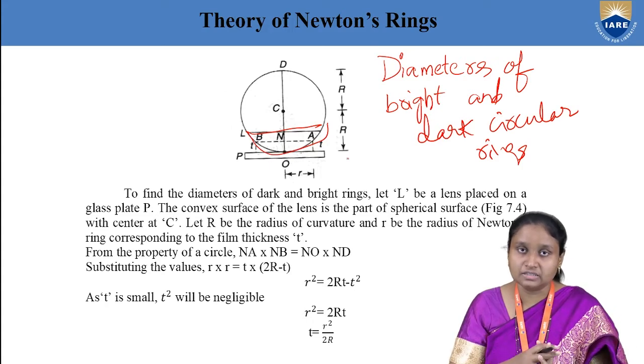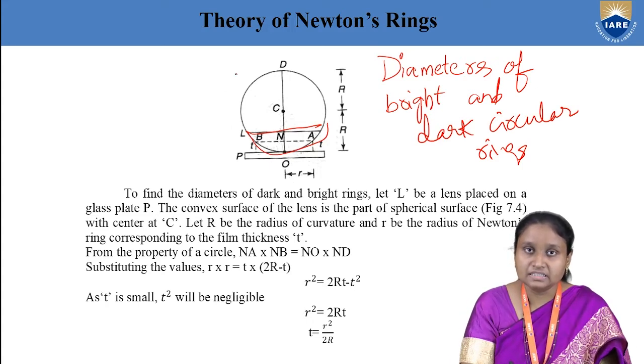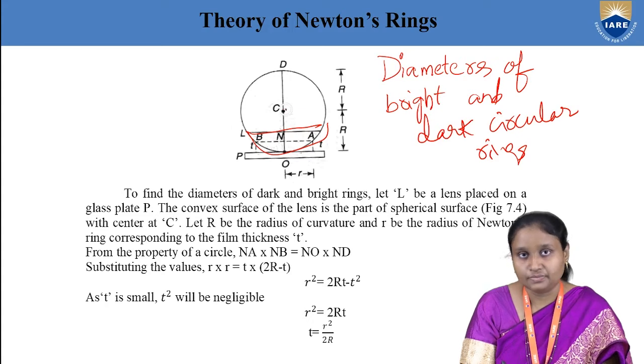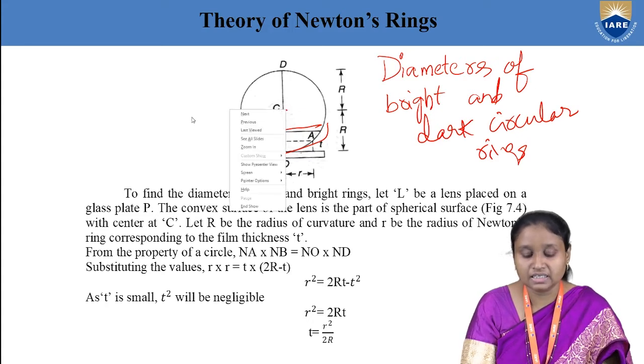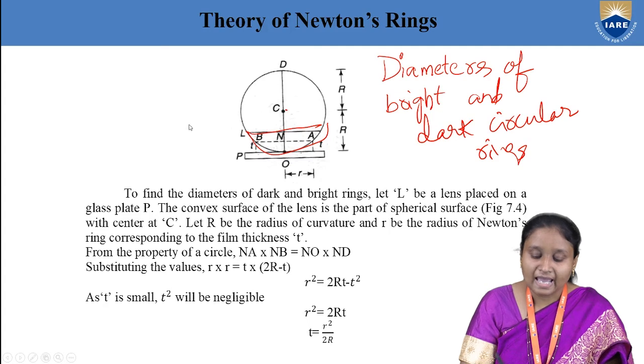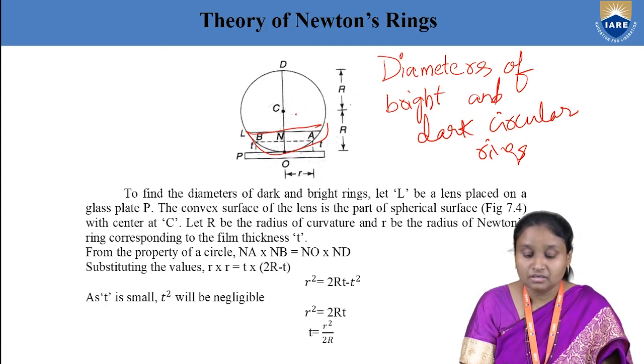When we extend this convex lens, then we'll get a circle whose center is at C. Let R be the radius of curvature of this particular lens. If R is the radius of curvature, then obviously this part will be R.